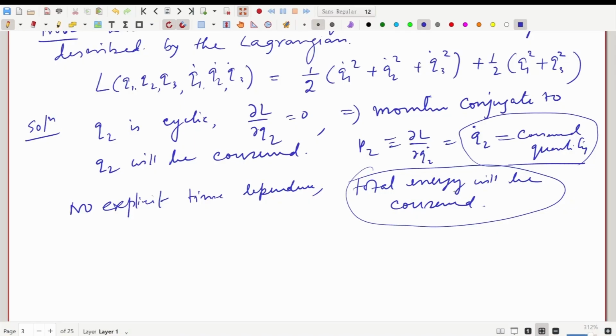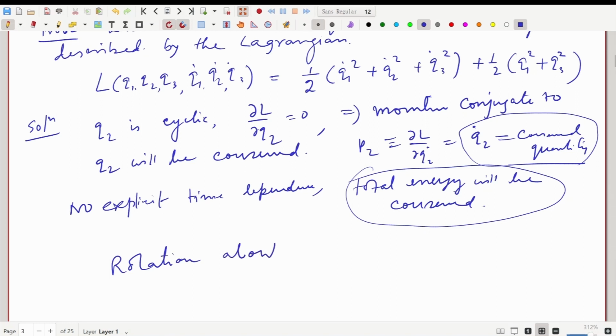In the last lecture, when we discussed the isotropy of space and rotational invariance, I mentioned that when two coordinates, like q1 and q3 in this case, have the same coefficient, there is a possibility of rotational invariance.